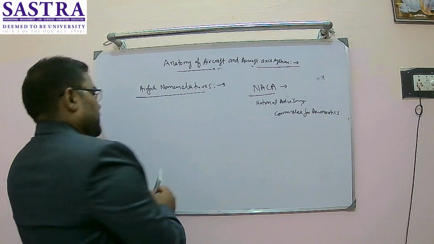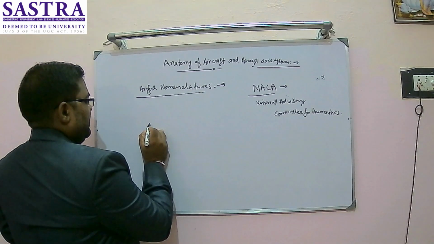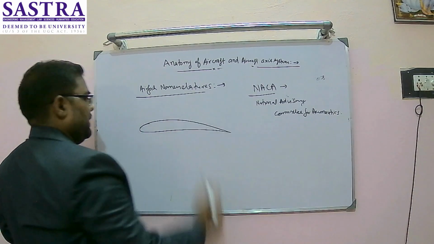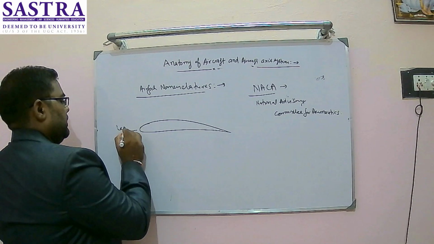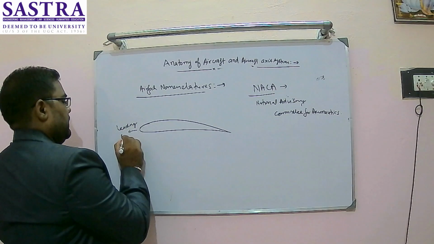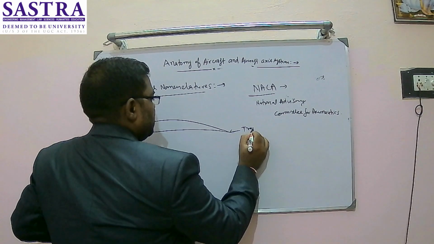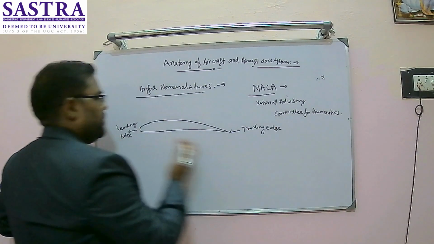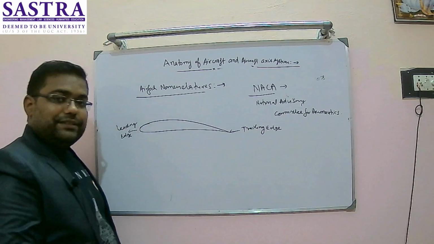So they have given the nomenclature of the airfoil. If we look at a detailed view of an airfoil, it will be something like this. The front portion is known as the leading edge, and this portion is known as the trailing edge. The most forward point is the leading edge, and the most backward point is the trailing edge.